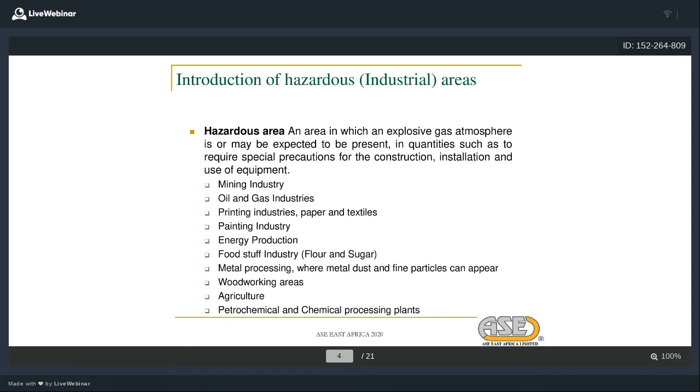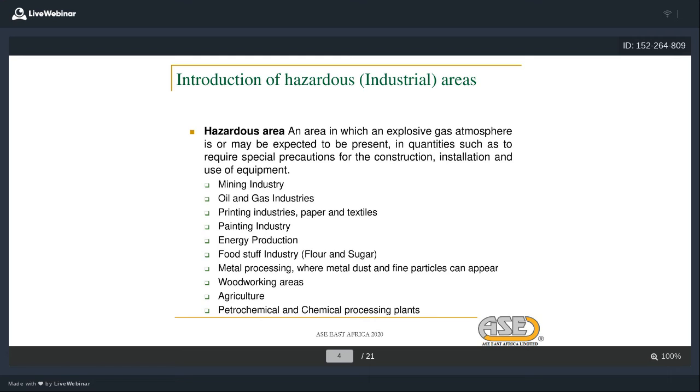Where can we find these hazardous areas? Hazardous areas can exist in mining industries, where we can find flammable gases like methane, flammable dust, coal dust, and so forth. In oil and gas industries, you can find flammable gases and liquids, and in the chemical industry too, we find explosive atmospheres such as flammable gases, liquids, and salts.